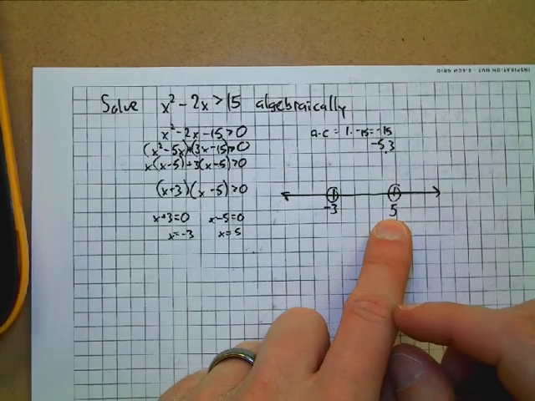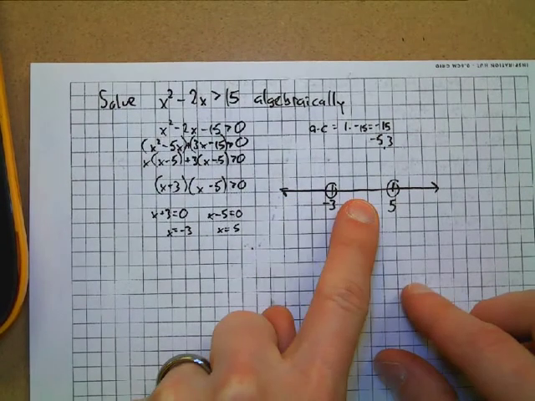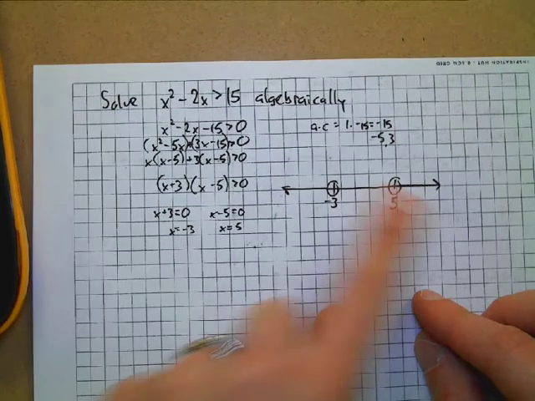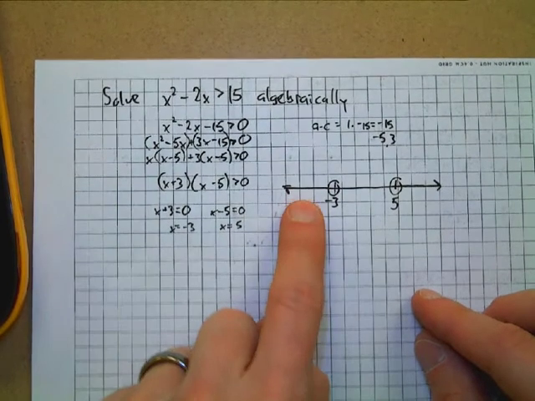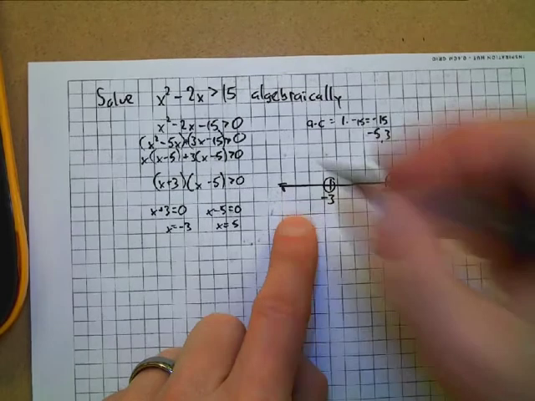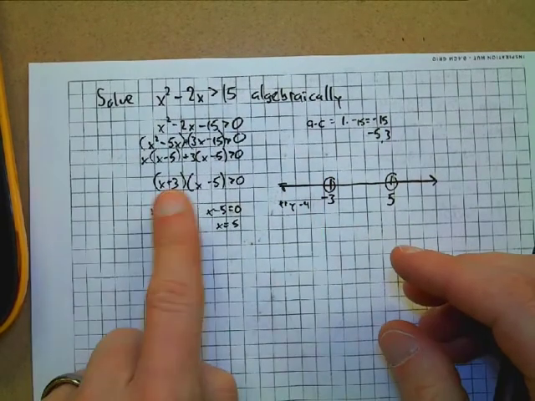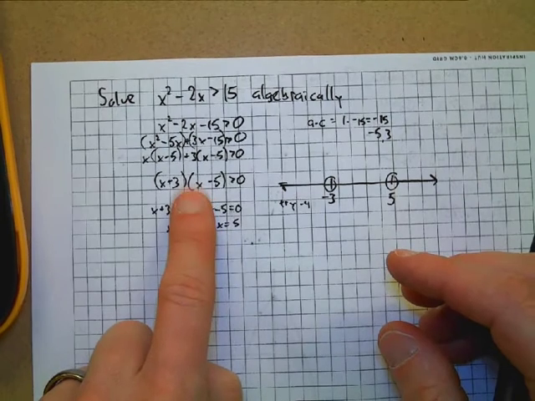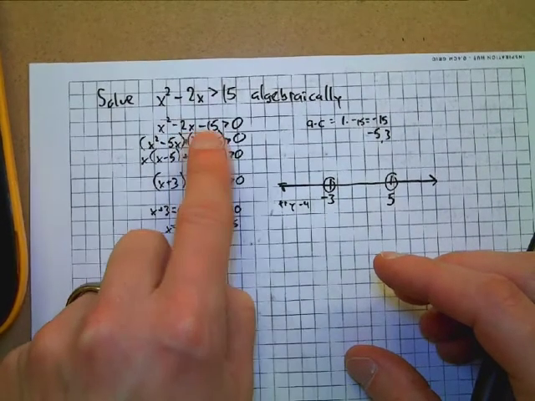Then we're going to pick numbers in each interval to test in our inequality. What's a number that would be on this side of negative 3? Negative 4. Sure. If I plug negative 4 in, you can plug it into the factored version, the original, or this version, whichever you want.